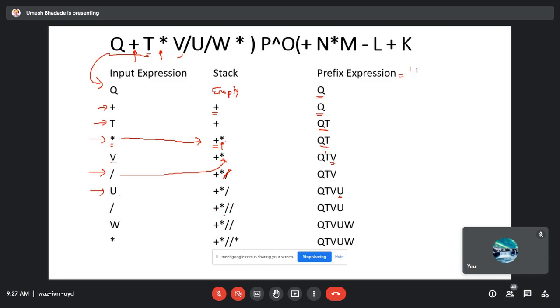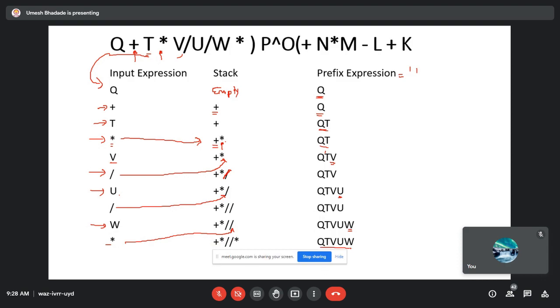So when slash is there, once again this slash will be compared with the top of the stack operator. The priorities are equal, so it is pushed onto the stack, right? Again next operand w. So once again w will be added to the prefix expression, then star. So once again the star and the slash will be compared, both are having equal priority, equal precedence. So star will be pushed onto the stack. So your stack becomes plus star slash slash star, and the string is qtuvw.